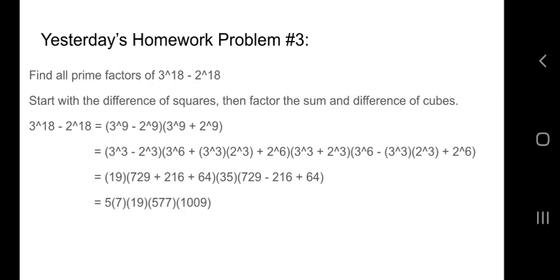So the highest prime we need to check there is 31. So we need to check 2, 3, 5, 7, 11, 13, 17, 19, 23, 29, and 31. As soon as one of those primes goes into it, then we know that we can factor it. But if all of those primes fail to go in, then we know for sure that 1009 is prime.